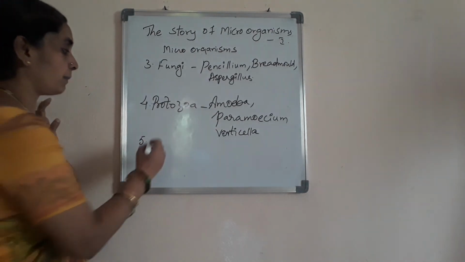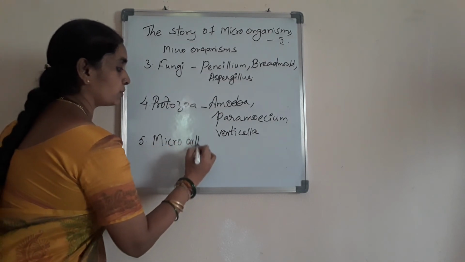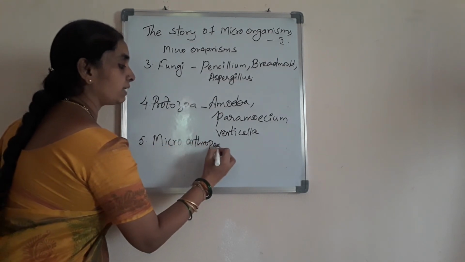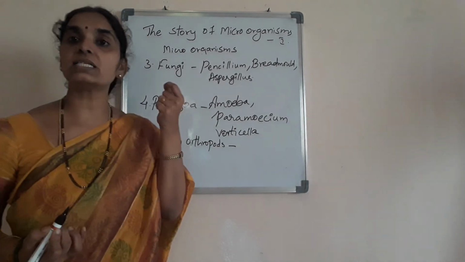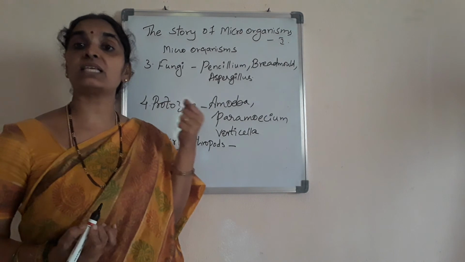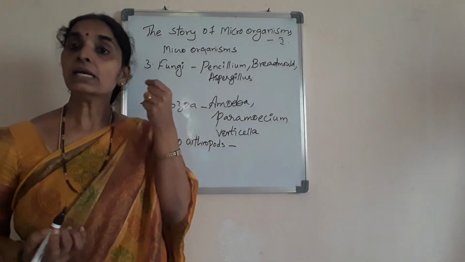Next, coming to the microarthropods. Arthropods, the name itself tells that they are insects. Microarthropods, micro, very, very small ones which cannot be seen directly with the naked eye. So these are very, very small insects.